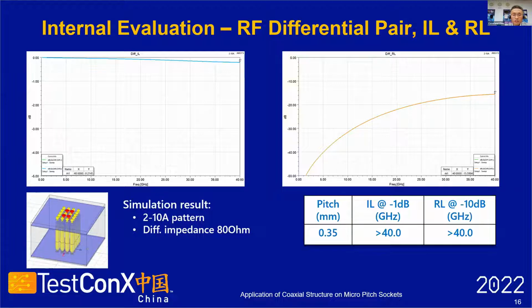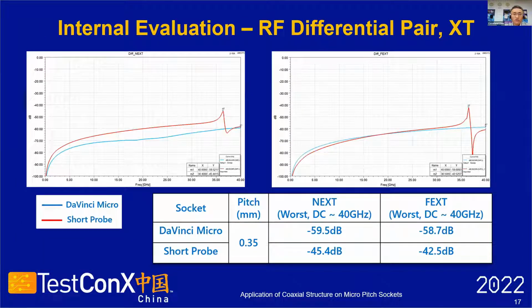For the differential pair crosstalk performance, we did a comparison, comparing the DaVinci Micro with a shorter probe plastic socket. This is a simulation comparison based on 210A pattern, 0.35 pitch.